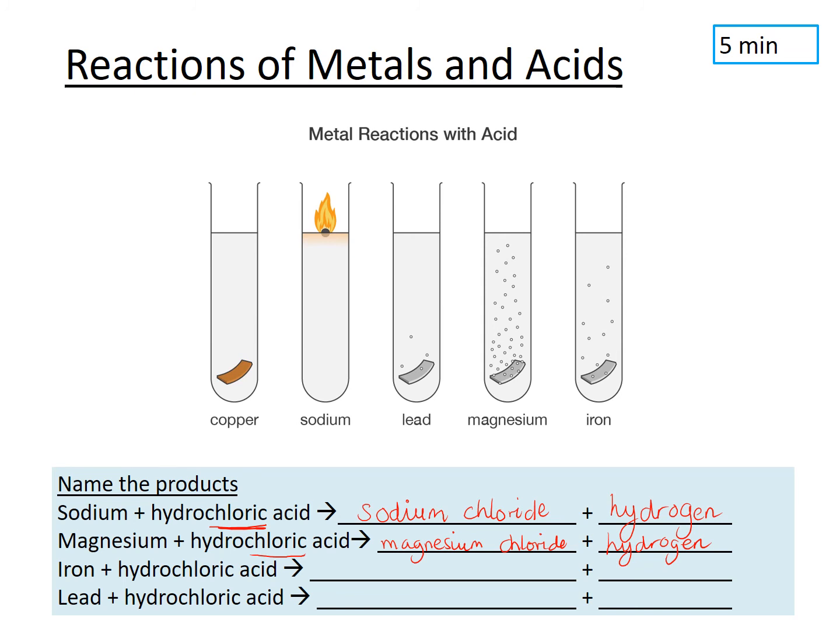Iron plus hydrochloric acid. Again, we know that the name of the gas that's made is hydrogen, and we can see that from the bubbles here. And the name of the salt that's going to be made is iron chloride. And finally, in the reaction between lead and hydrochloric acid, we can see again we've got some bubbles that are produced.